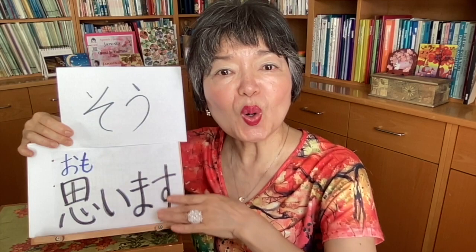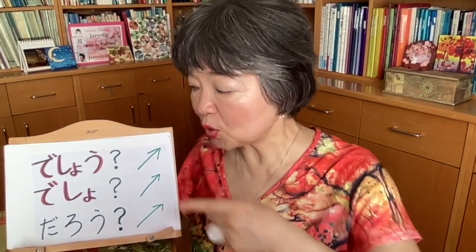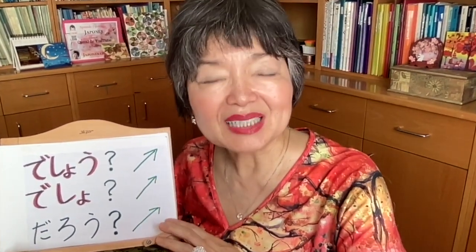Now the past tense and affirmative. It means you thought so too, right? あなたもそう思ったでしょう。あなたもそう思ったでしょ。あなたもそう思っただろう。Now the last one is the past tense and also negative.